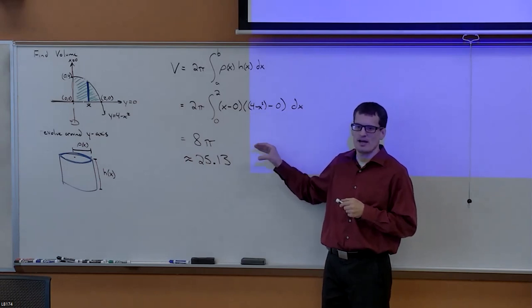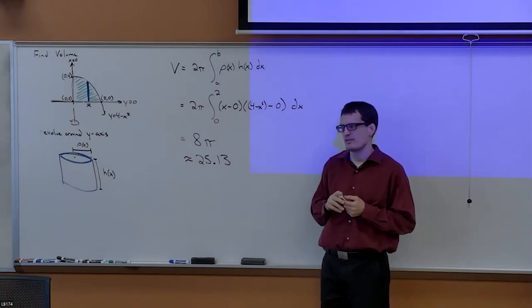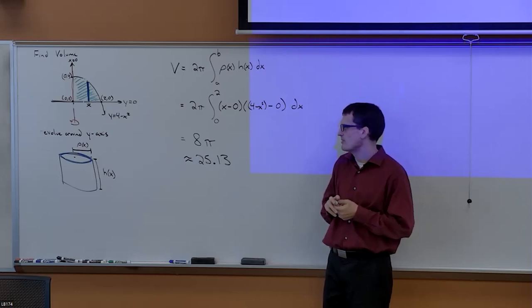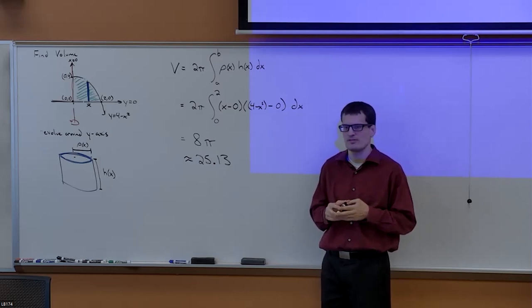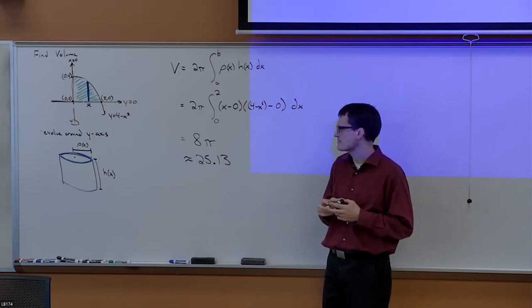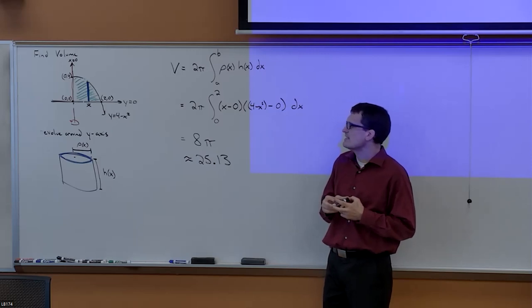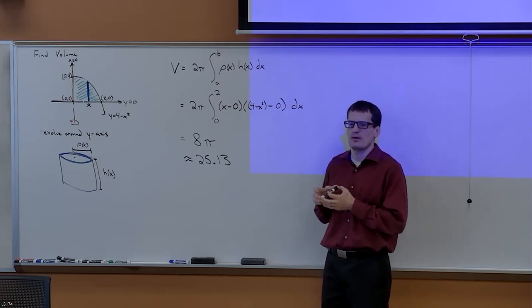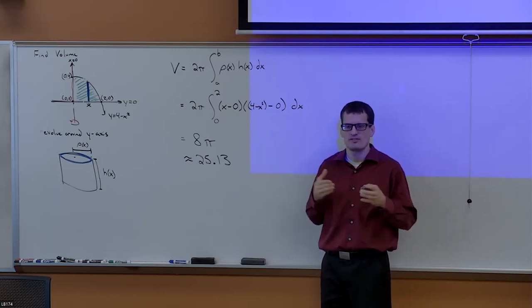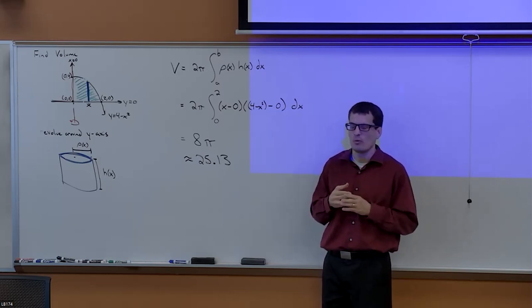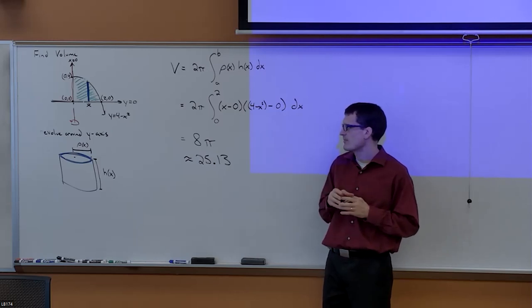We got 8 pi when we did that problem in 7.2. Wasn't our first example, but it was one of the first few examples in 7.2. So we see that we get the same volume either way. So this confirms that both methods are giving us the same thing when I can apply both methods.